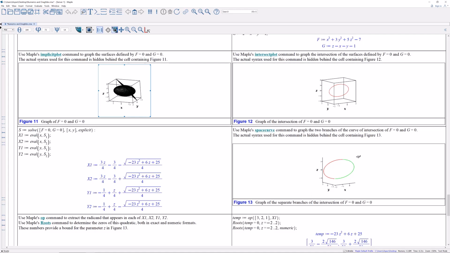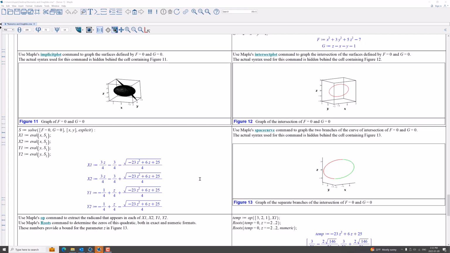And the graphing commands are behind here, and I've used Maple's space curve command, that's in the plots package, to draw these two pieces of the solution curve.